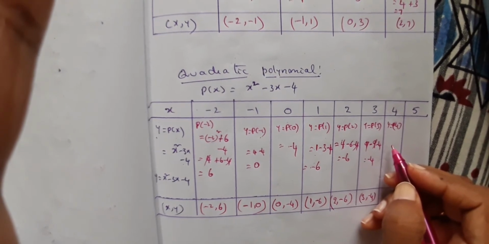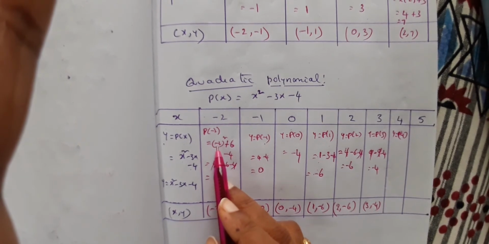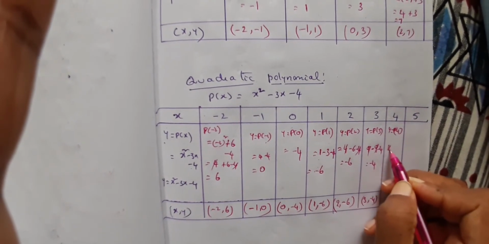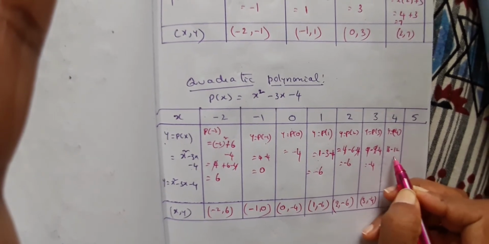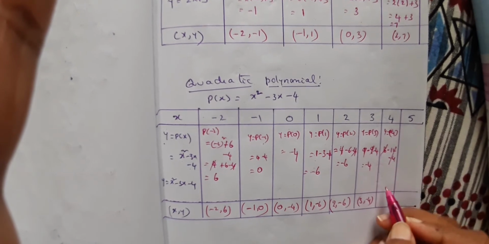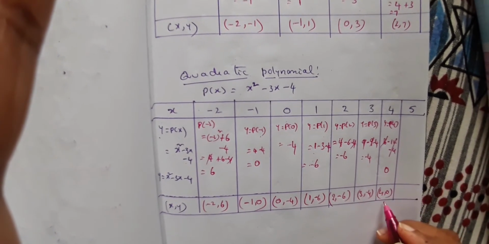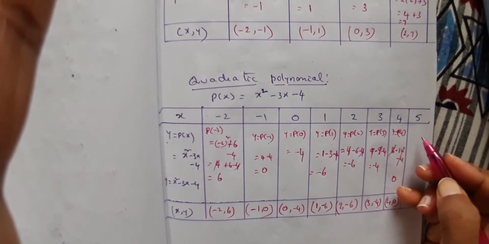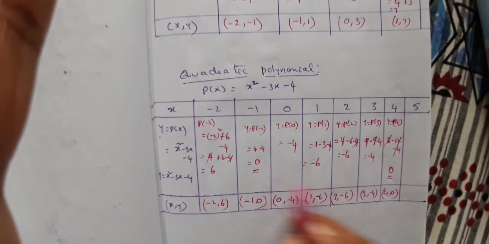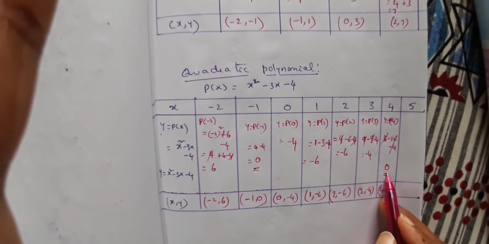You are getting 4 square is 16. Minus 12. Minus 4. Minus 4 minus 12 is minus 16, plus 16 got cancelled. 0. So 4 comma 0. Here also we got a 0. Here also we got a 0. So in a quadratic polynomial you have 2 zeros.